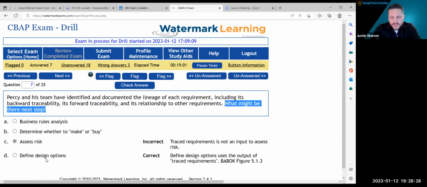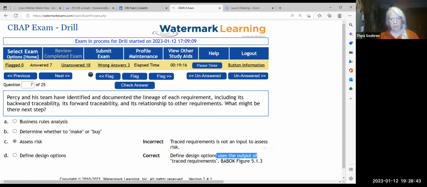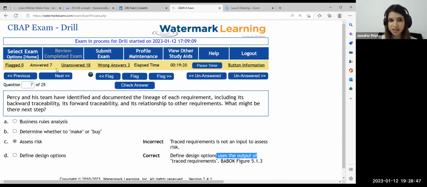Define design options is not an output, but it uses the output, yes, from the IO diagram of 5.1, on page 81. Jennifer, you're right again. And I think the other one, assess risk, is for prioritize, I think.